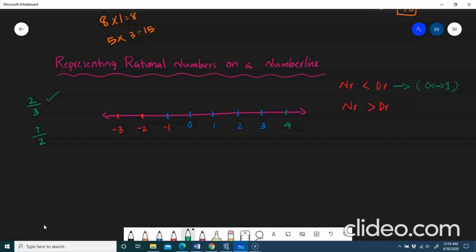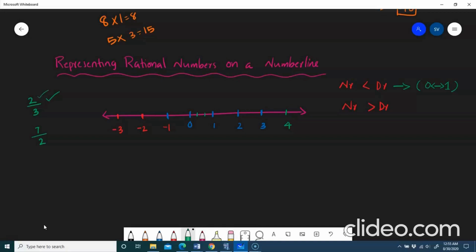How can we plot it? Before you plot it, you need to check what the denominator is. For this question, the denominator is 3. That means you have to split the space in between 0 and 1 into 3 equal parts. 1, 2, 3. Where should our point come? 2.